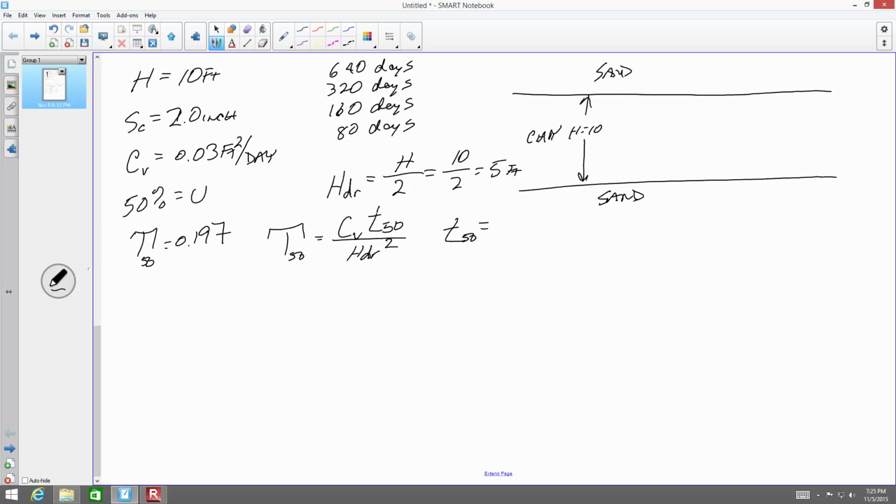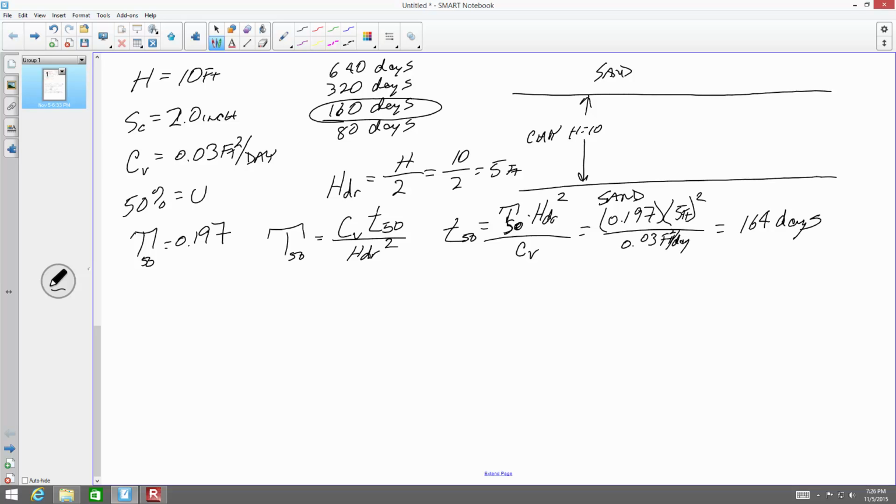So T50 is equal to the time factor 50 times HDR squared over C sub V. At that point, it's crunch and run: 0.197 times 5 squared over 0.03 feet squared per day. And that comes out to be 164 days when you crunch it out. So the answer is 160 days.